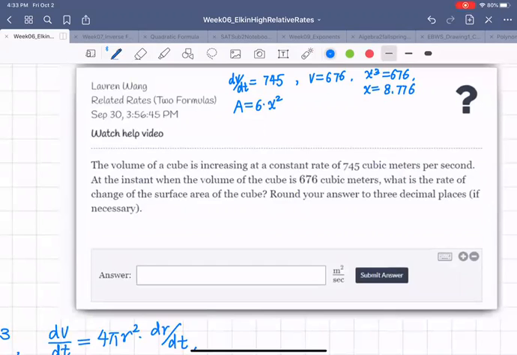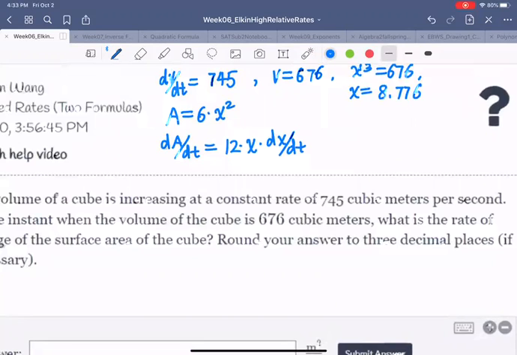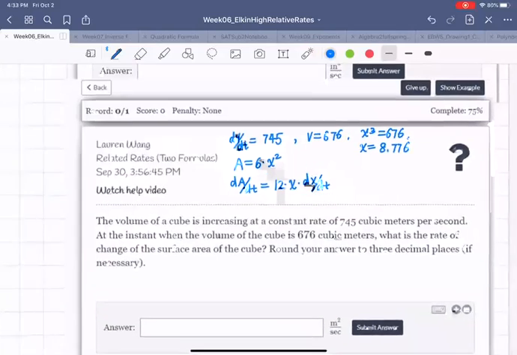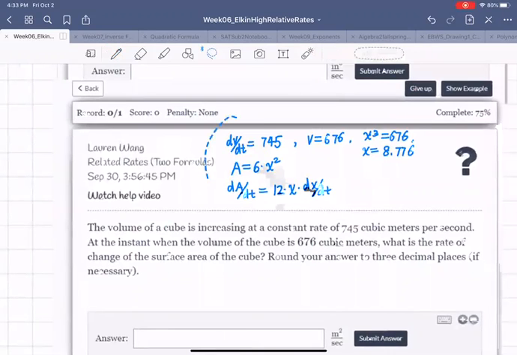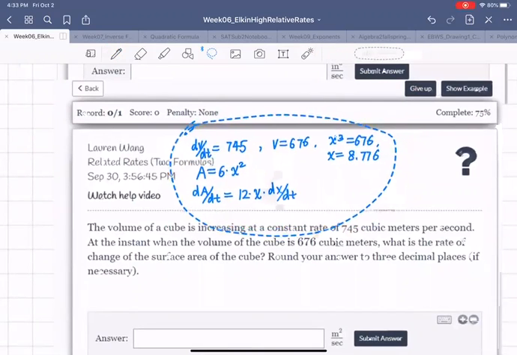Then A equals 6 times x squared, so dA over dt is 12x times dx over dt, right? But we don't have dx over dt, so we have to do one more step.